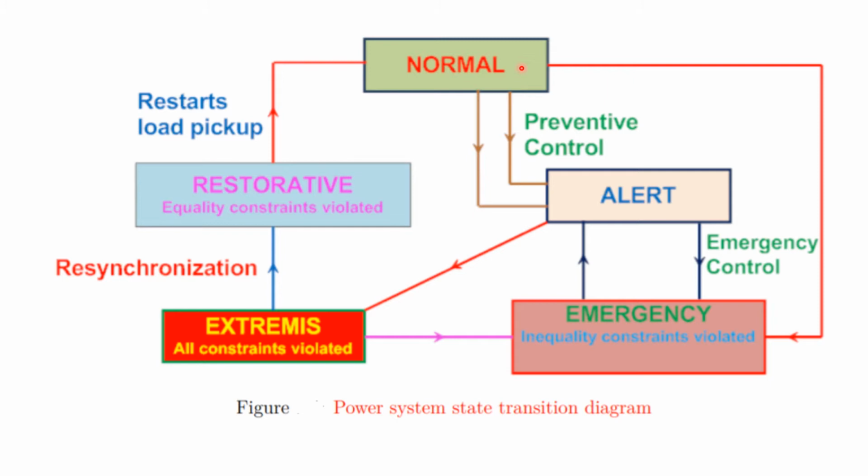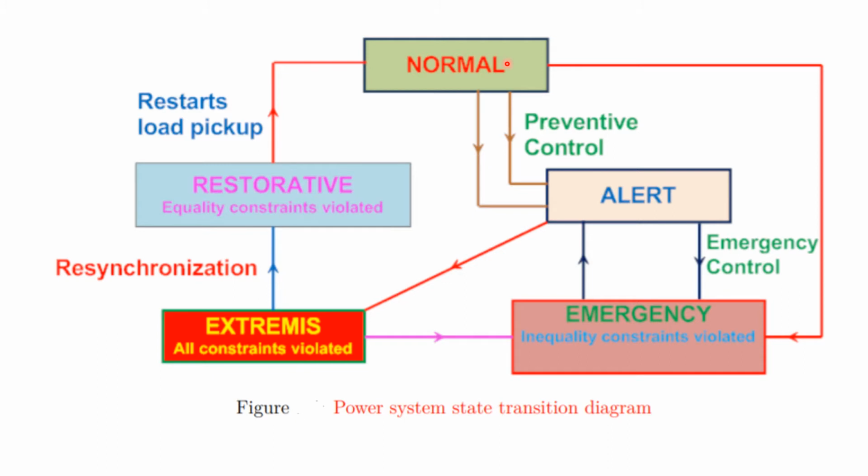If the system is said to be normal, it means both load as well as operating constraints are satisfied. Normal state means all the postulated contingencies we have taken care of are within the normal range.